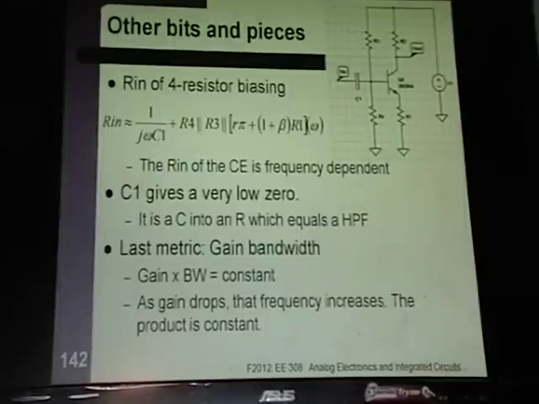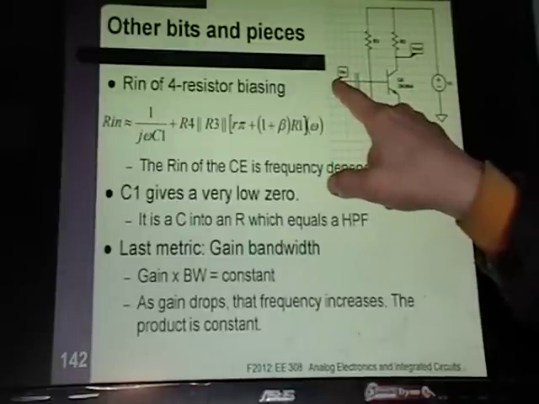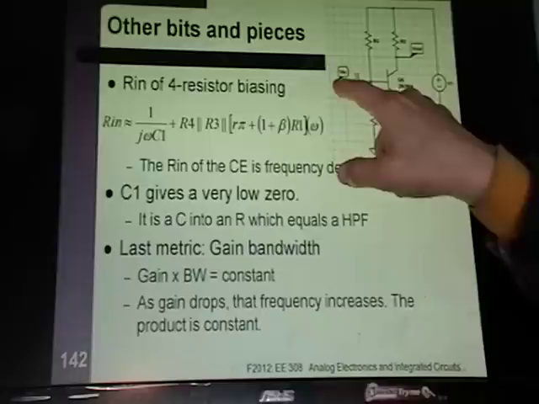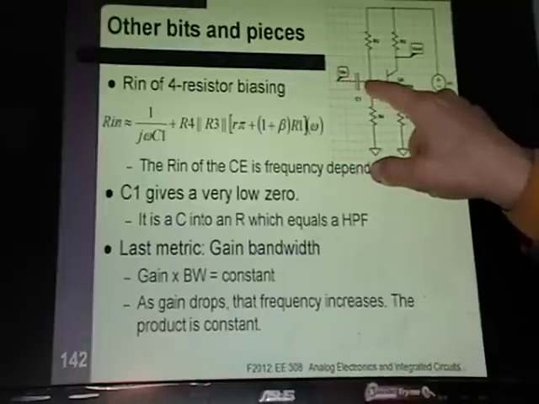Okay, other bits and pieces. Rn for 4 resistor biasing. You may see this in 409. I know Dr. Derrickson used it when he was teaching 409. If somebody says, "Oh, what's the Rn here?" just follow the signal path. You go through there.